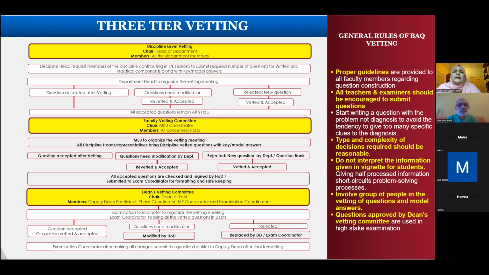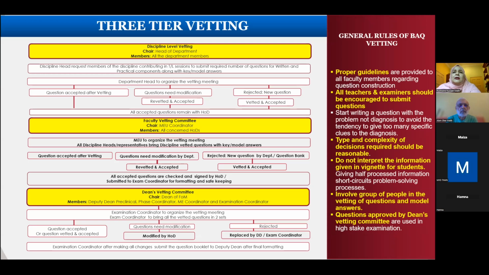After the questions have been identified, this information is provided to the discipline coordinator, and the discipline coordinator or head of the department will then distribute those questions to the respective lecturers who have conducted those sessions to prepare those questions.